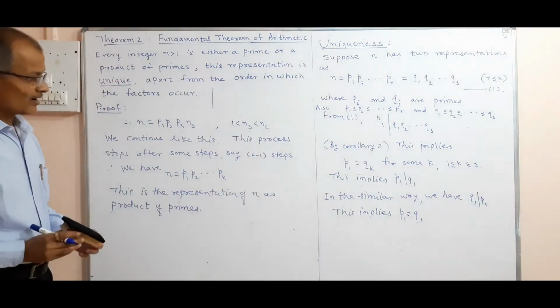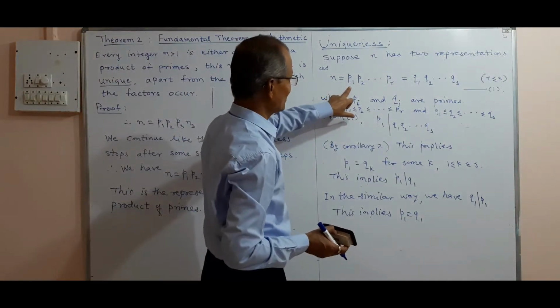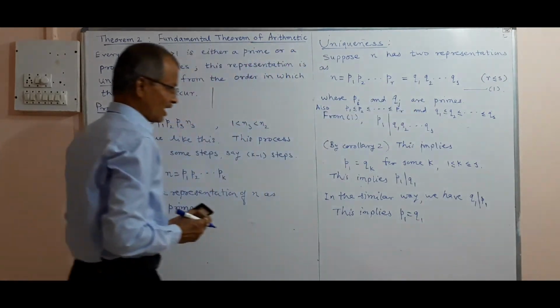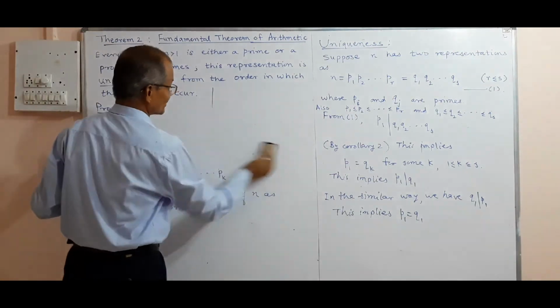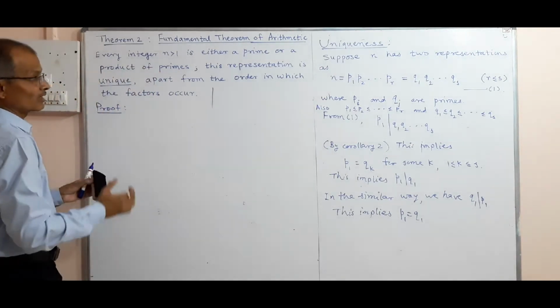And thus we have the first factor on the left side expression is equal to the first factor on the right side expression. And from equation 1 we can cancel this factor and write the representation.